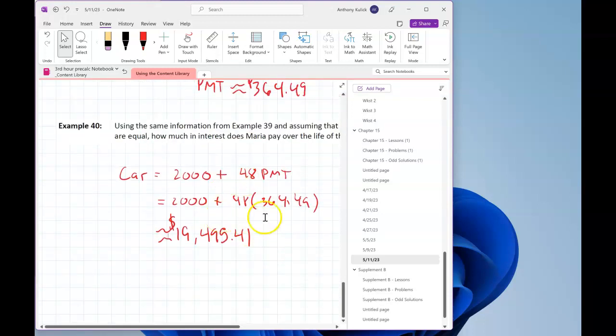So what did we actually pay in interest then? So this is the total cost of the car. Before we do that, what's the total cost of the loan? That would just be the cost of the car minus the down payment, right?